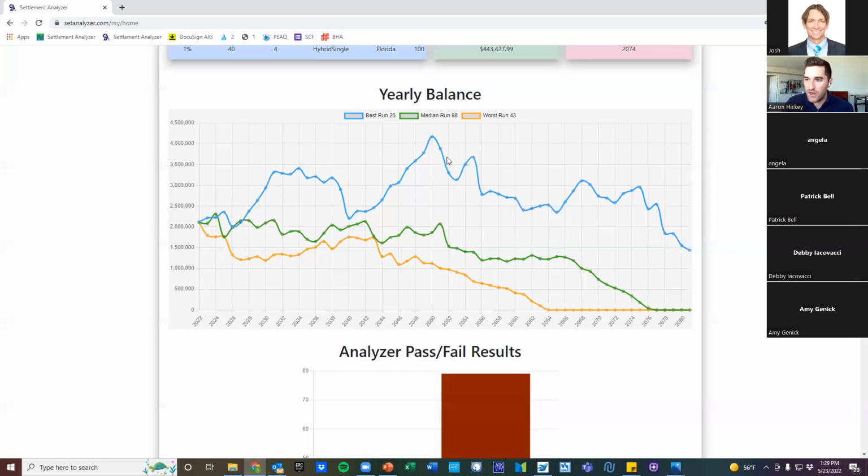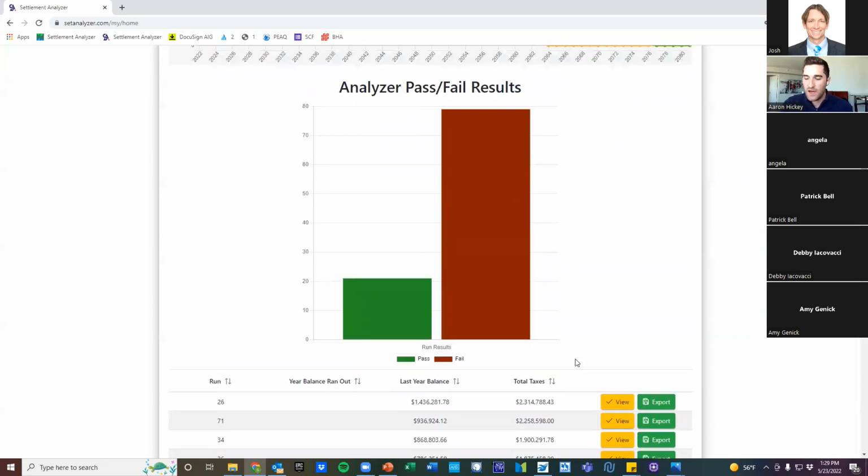With the basic graph there, you can interact with any of these points to see the balance at any particular year. Continuing with the graph, just another simple one. If there's more red than green, there's a lot of questions to be asked about, is this the right investment model?